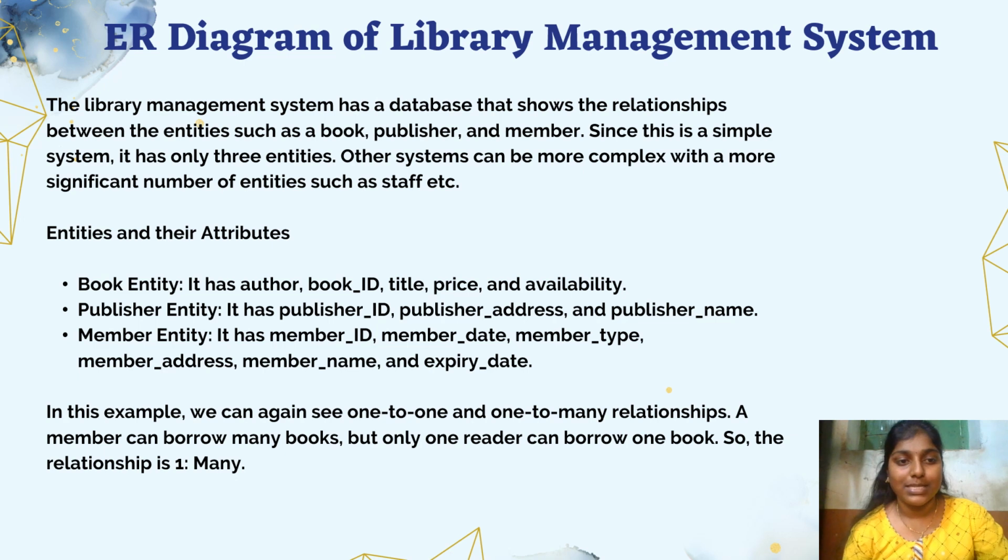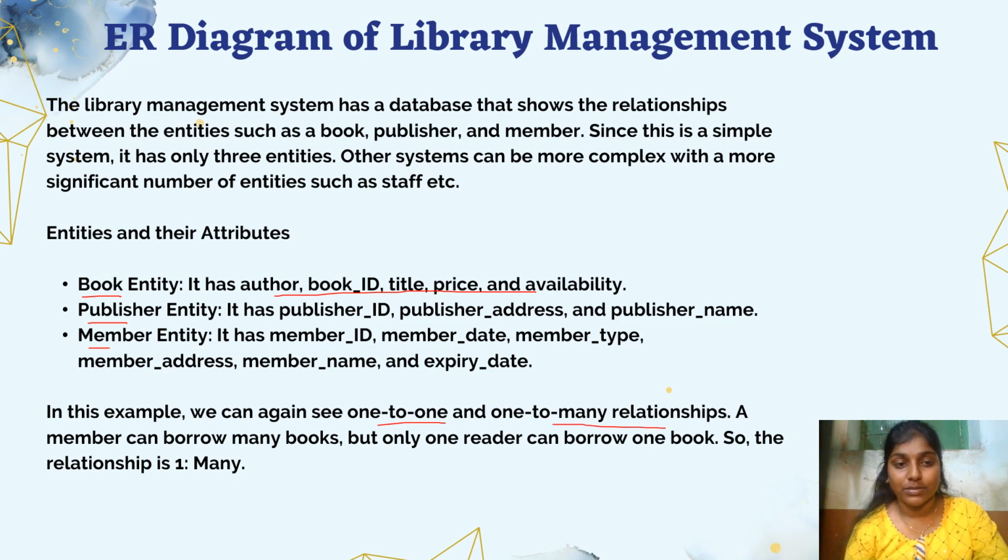So here book is an entity and these are the attributes which I have taken according to me, and you can change them according to you. And this is the publisher entity and the member entity, and these are the attributes which I have taken.